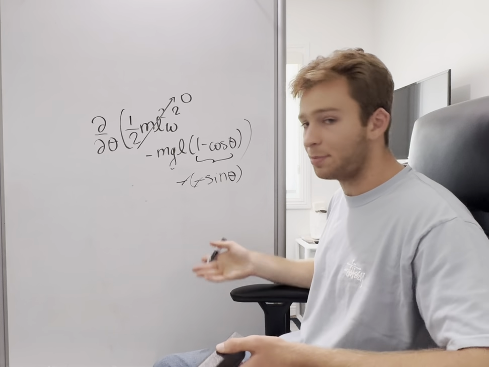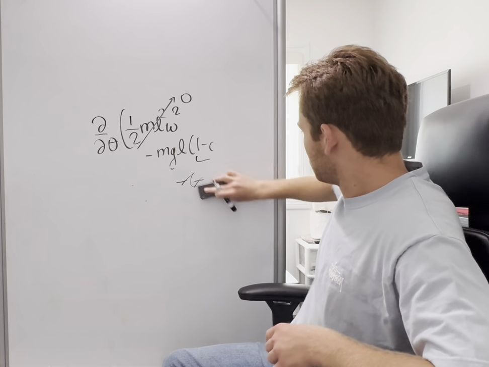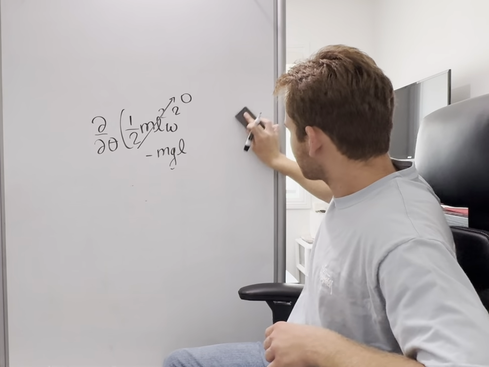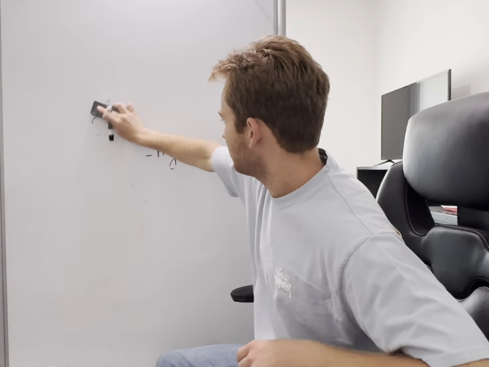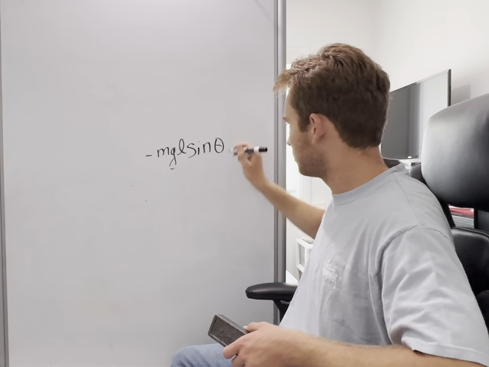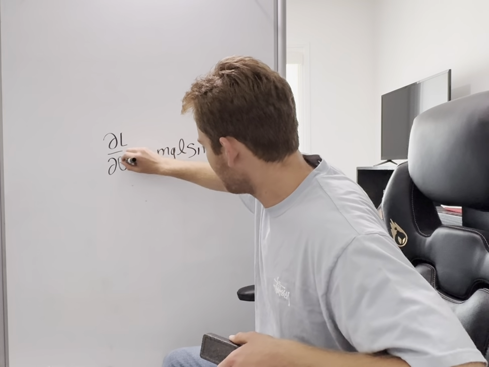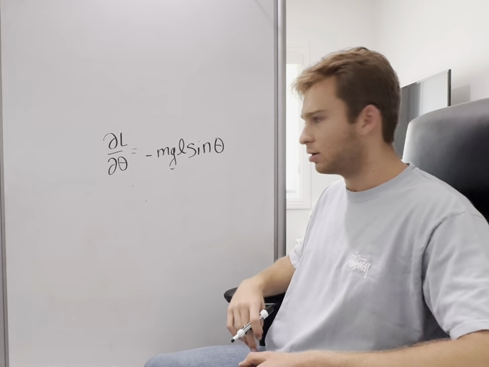These cancel out, and so you get a positive sine theta. And so what that becomes is negative mgL sine of theta. And that is, sorry if I'm covering it here, dL by d theta.